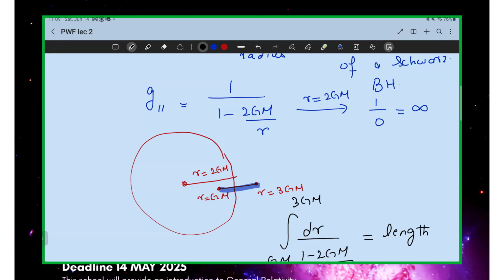For example, if you are outside a star which is spherically symmetric, not charged and not rotating, which means no angular momentum and no electrical charge, the solution that you derived will be true outside the star. But inside the star, since T mu nu is not zero, the solution will not be correct.